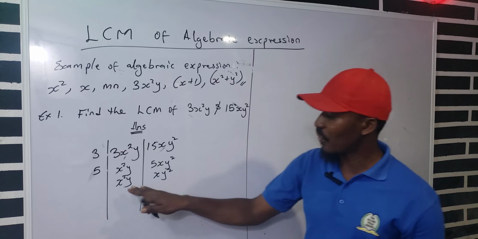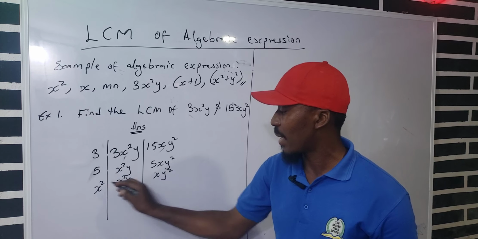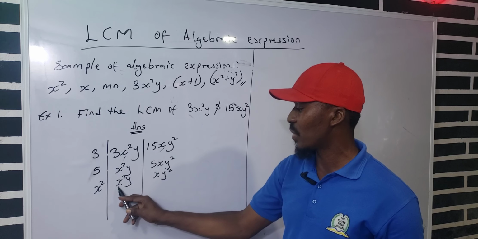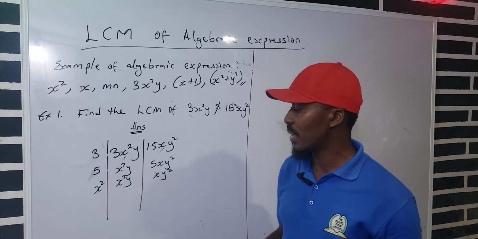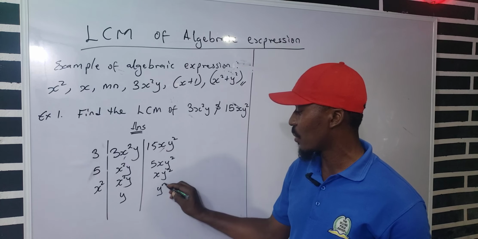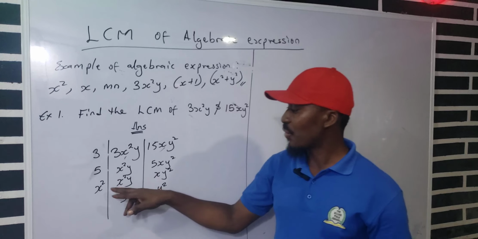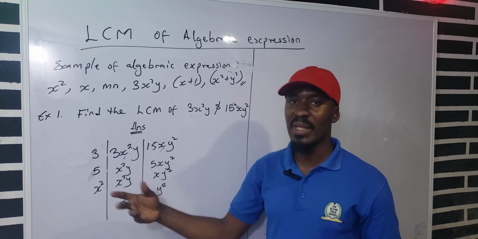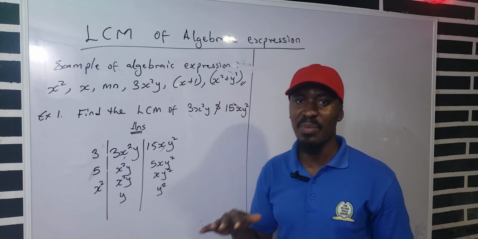For s, we have s square, so I'll go with s square because that's the highest power between s square and s. That will give me y, and this one will give me y square. Why is this method easier? Because I don't need to do s 2 times. I can just do it once so that I can eliminate it immediately.